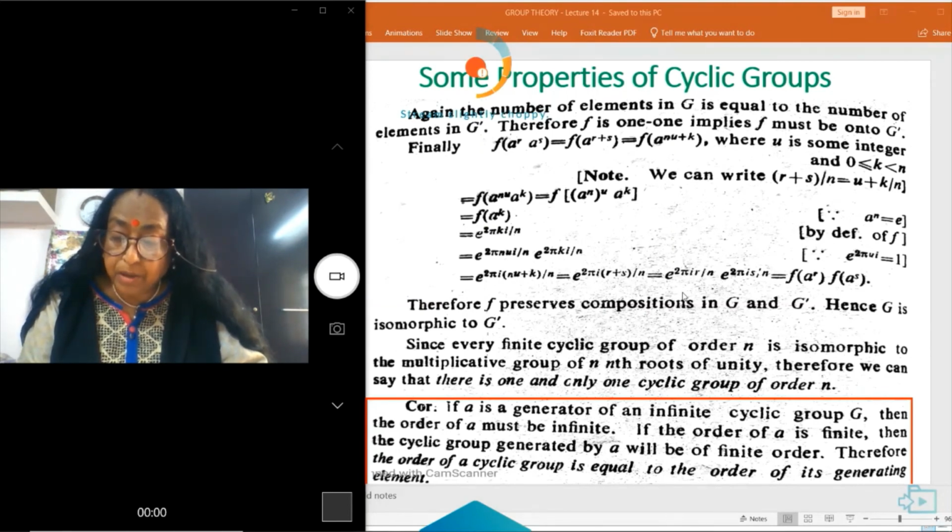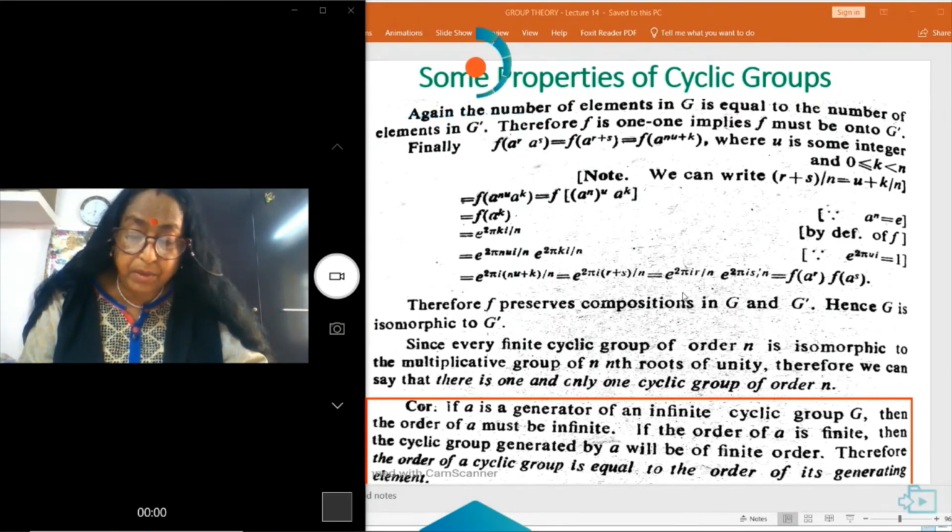So e to the power 2 pi i nu plus k divided by n is equal to e to the power 2 pi i r plus s by n, which is equal to e to the power 2 pi i r by n into e to the power 2 pi i s by n, which is equal to f of a to the power r into f of a to the power s. F preserves composition in G and G dash, hence G is isomorphic to G dash.